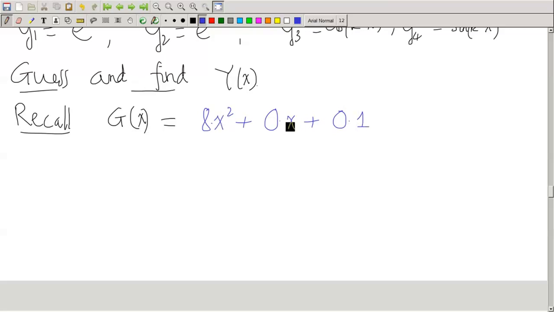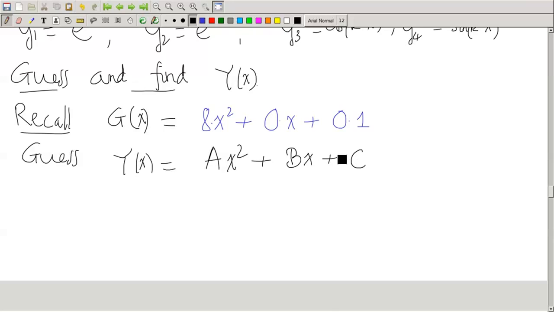So x squared, x to the first power, and x to the power 0. So our initial guess will be ax squared plus bx plus c, which means c times 1.